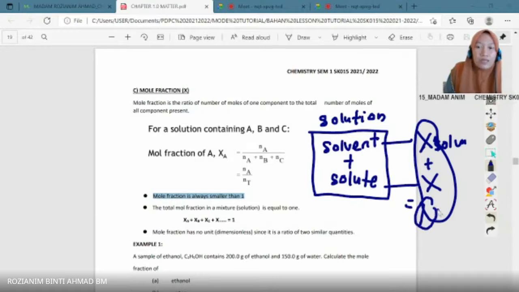Dia tak boleh nombor besar. Sebab itulah tadi saya tunjuk 1 minus the answer for the mole fraction ethanol. Get it? Tak boleh lebih. Kalau kita kira lebih besar daripada 1, we have a problem during calculation. Sebab dia adalah ratio. Sebab tu mole fraction dia less than 1. Okay, faham, Madam. Okay. Thank you.